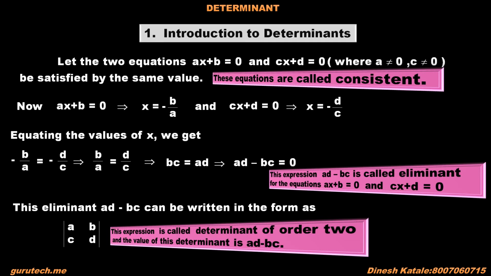For better understanding, take a pause here and write down all these points in your notebook. In this topic, we have to learn determinant of order 2, means determinant which contains 2 rows and 2 columns of total 4 numbers.